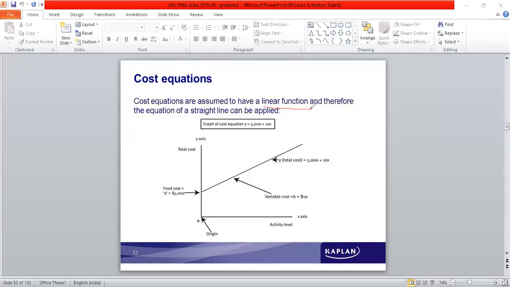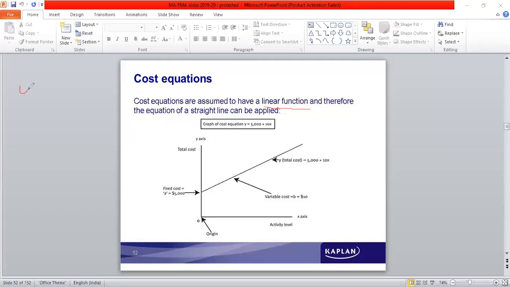The total cost has a linear relationship. It can be presented with the equation y is equal to a plus bx. That equation can be used to describe the relationship between the activity level and the total cost.